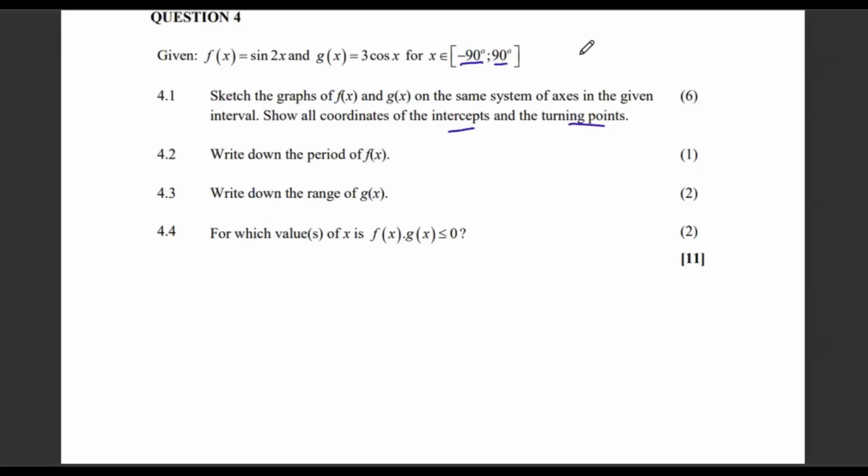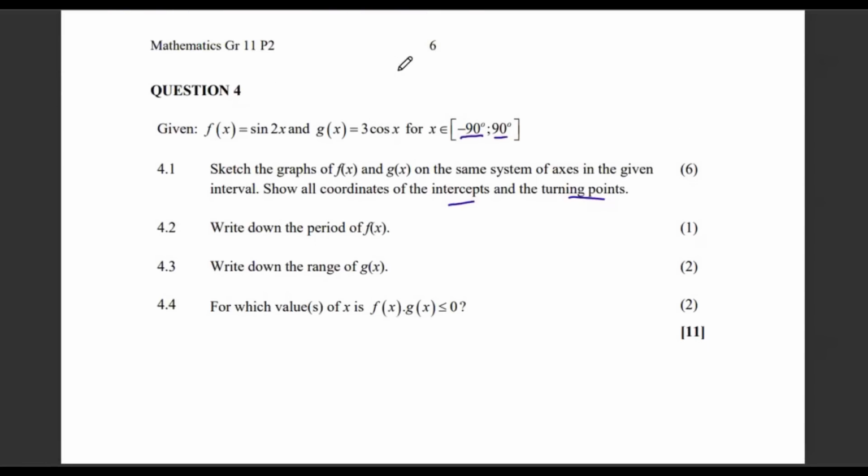Okay, so we just need to use our calculators so that we can draw this. So step number 1, for people that are using Casio calculators, you just have to press mode, and then look for the table format.